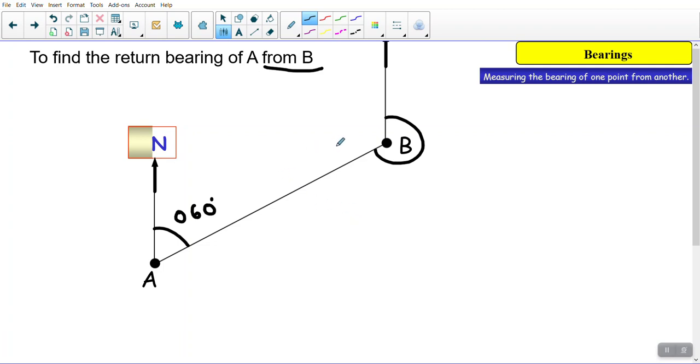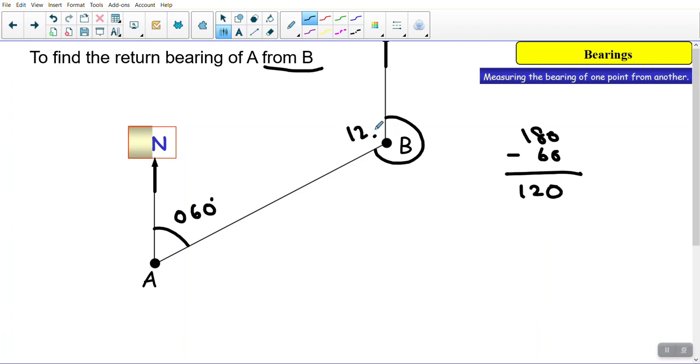Since this is actually called the return bearing, the return bearing of A from B, there are two different ways of finding it. You could find this measurement and then subtract it from 360, because angles at a point are 360. So here we could find this and then subtract it from 360 to get the bearing of A from B. So 180 minus 60 would give me 120.